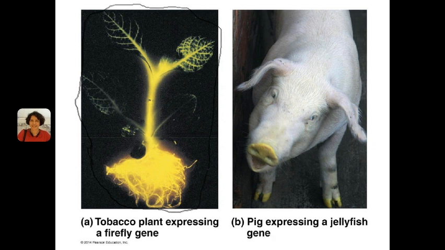And here on the right side is a pig that has been engineered to contain a gene from a jellyfish that fluoresces. In this case, the fluorescence is yellow, so you can see the yellow color in the pig's nose and in the hooves. Naturally, the fluorescence used to be green, but they have modified that as well, as you will see on the next slide.